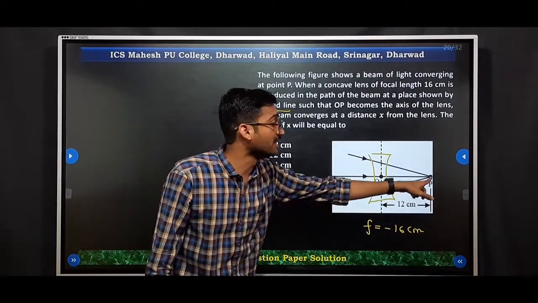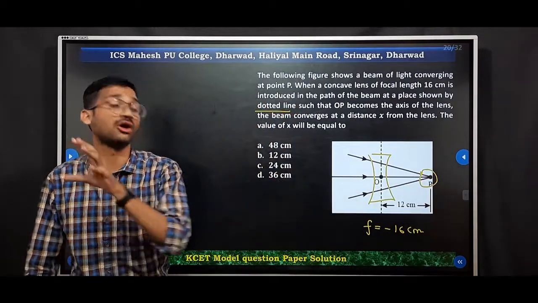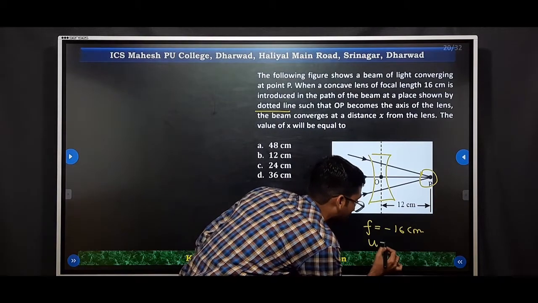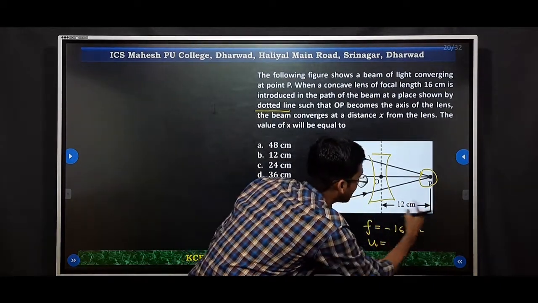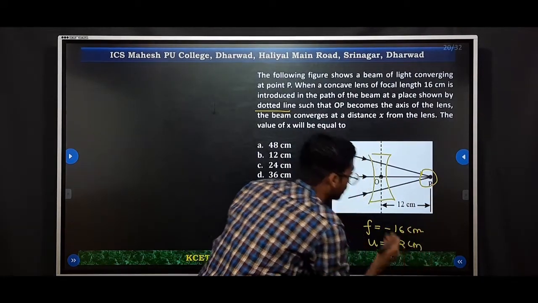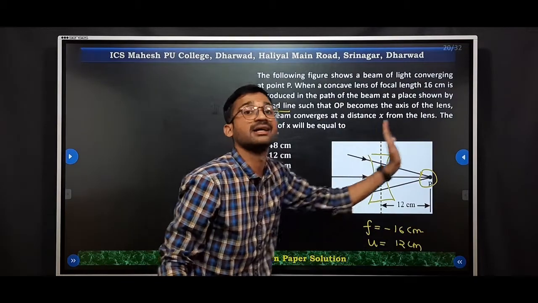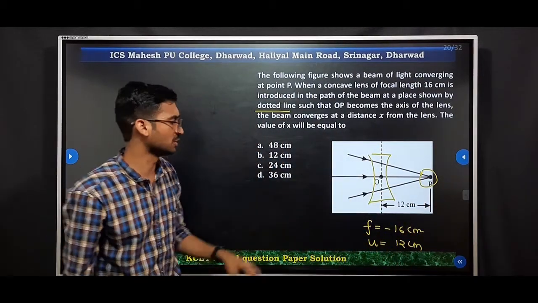One point should be very clear. For the concave lens, the point P will be treated as a virtual object. Therefore, this is behaving like an object, and the distance from this point is given as 12 centimeter, and that is on the right side of the lens. Therefore, that will be taken as positive sign.